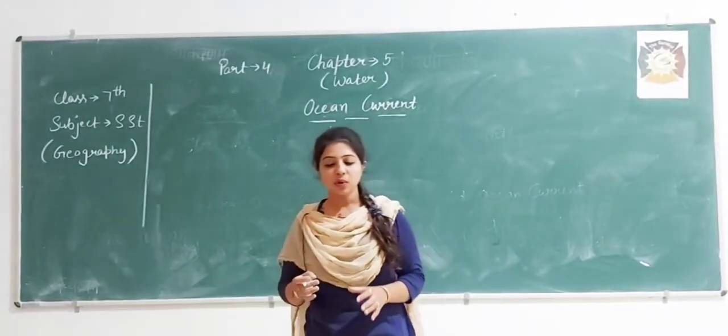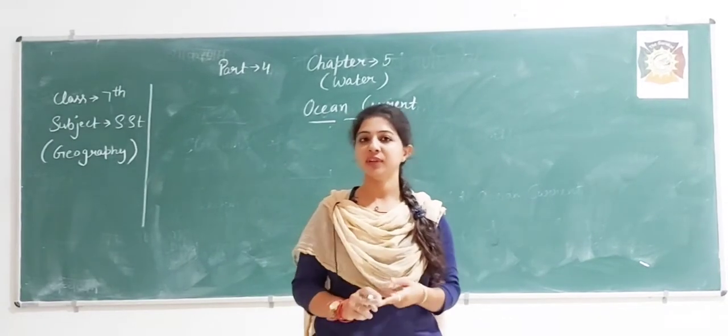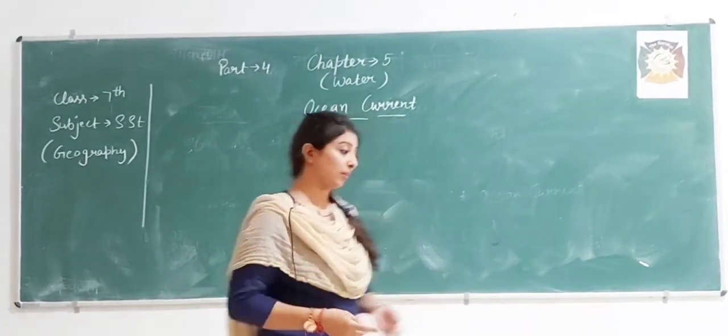Okay, a stream of water flowing constantly on the ocean surface in a definite direction, that is ocean current. I am writing here.